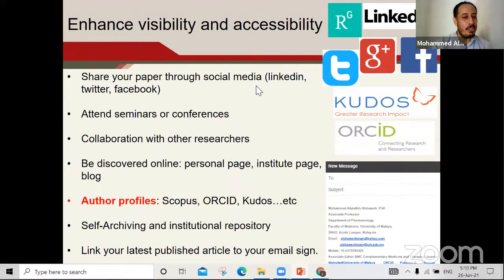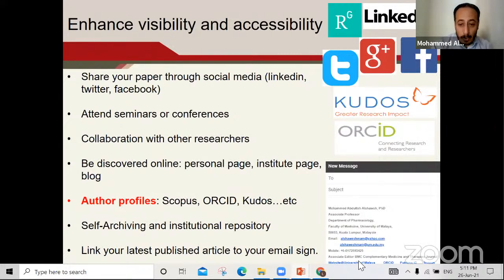So how? You have to share it using social media, LinkedIn, Twitter. You have to attend seminars and conferences to explain your work. You have to collaborate with international collaborators. You have to post your article on your personal page or institution page. You should create different profiles on different platforms like Scopus, ORCID, Kudos, and self-archiving for institution repositories.